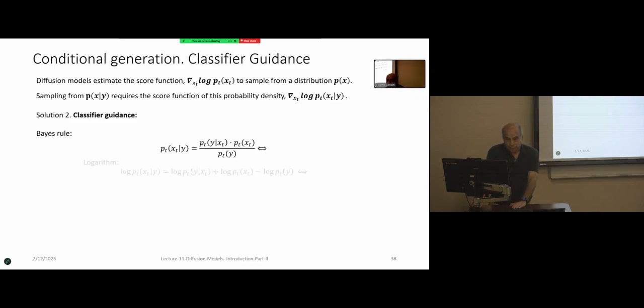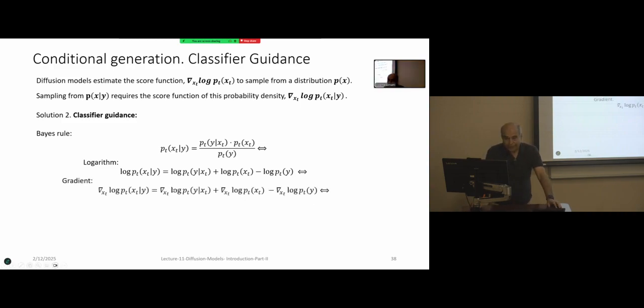Okay, so now, because we have been doing the logarithm and gradient, that's what we are going to do. We'll take the log of these: log of pt of xt given Y equals log of pt of Y given xt, and since this is a product, when you take a log it becomes plus, and this is a division, so it becomes minus. This is a standard thing you do. So now we'll take the gradient of that, we want to find the derivative.